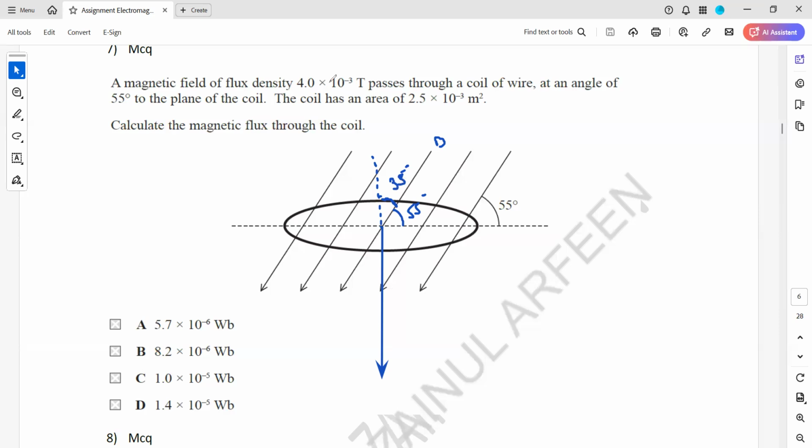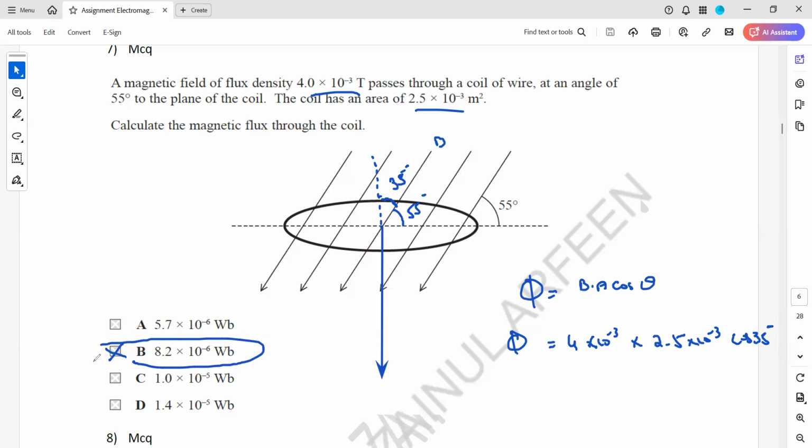So now we have the cross-sectional area, and we have the B. So we can use phi equals B A cosine theta. So it will be B, the strength of the magnetic field, which is 4 times 10 to the power minus 3, A, the cross-sectional area, which is 2.5 times 10 to the power minus 3, and the angle between the magnetic field and the area, that is 35. So we will take cosine 35. What's the answer here? So it matches with option B.